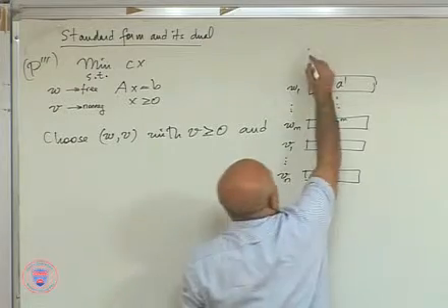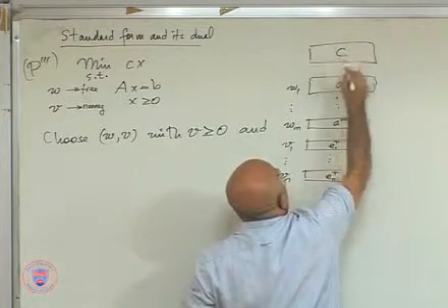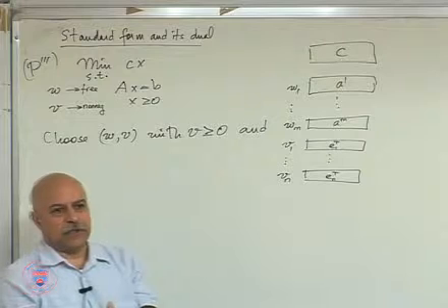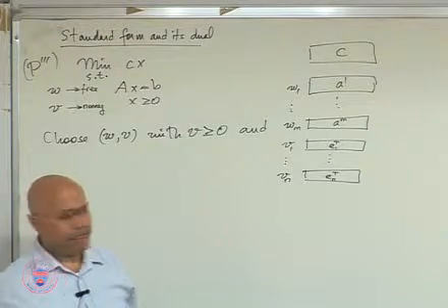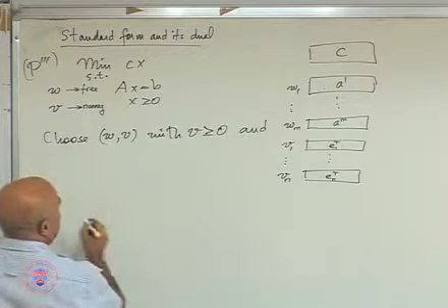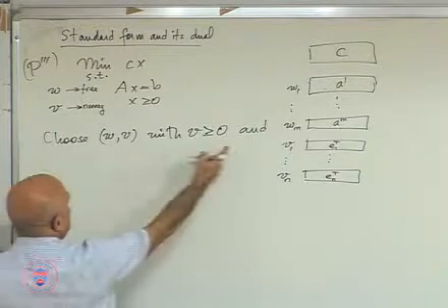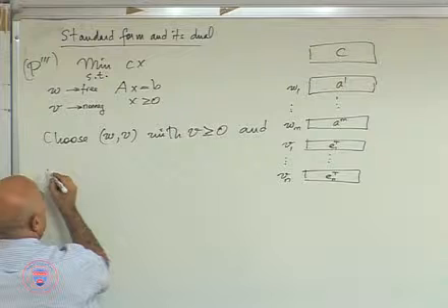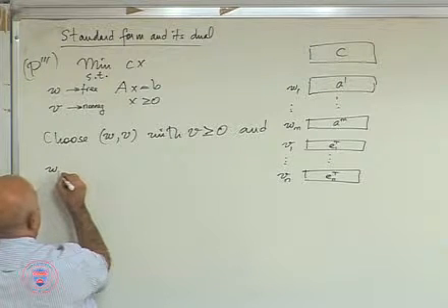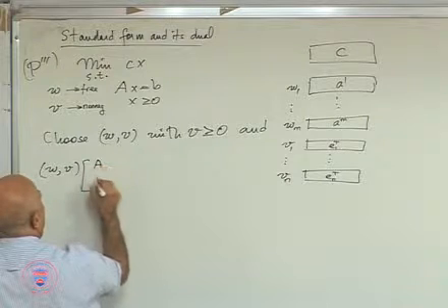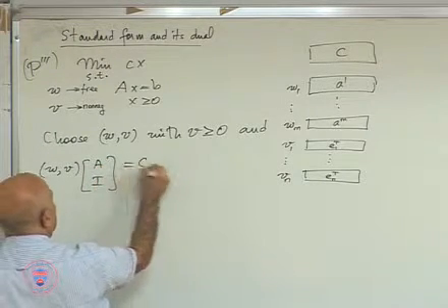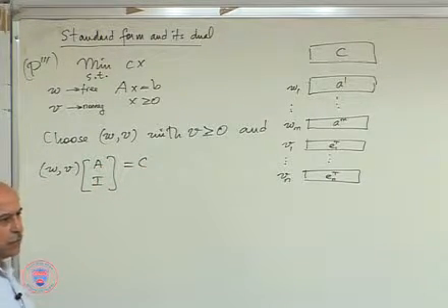You're trying to express C as a linear combination of the rows of the constraint matrix. All right, so the additional condition here is you still want to have WV times A and identity giving you C. That's what you want.